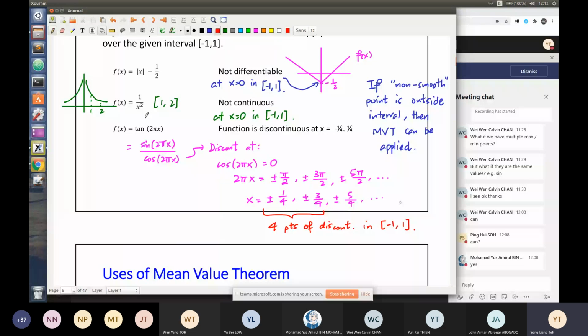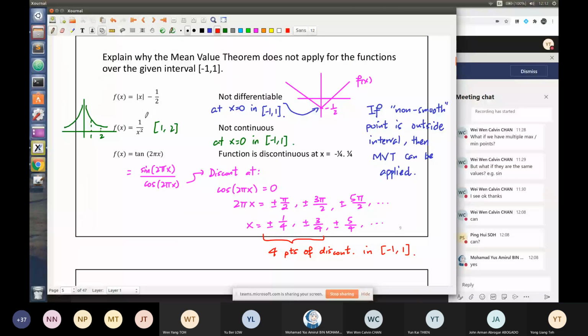Questions on the 3 examples? Okay, so let me also say this, to make it more complete. You can of course verify this yourself: tangent 2 pi x, you can just quickly plot it out.